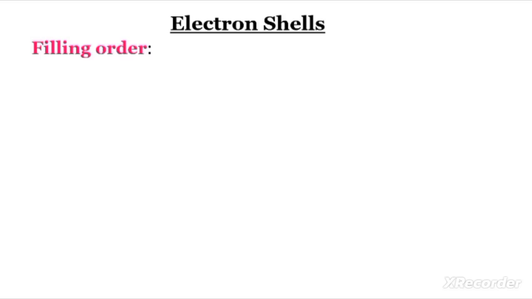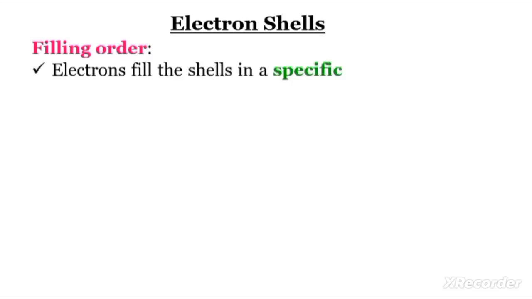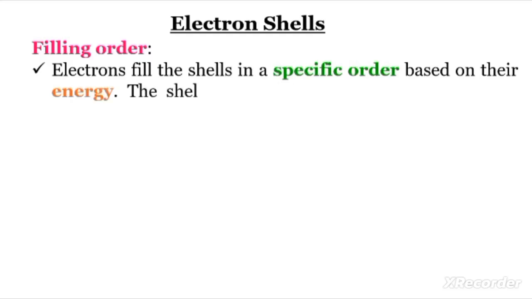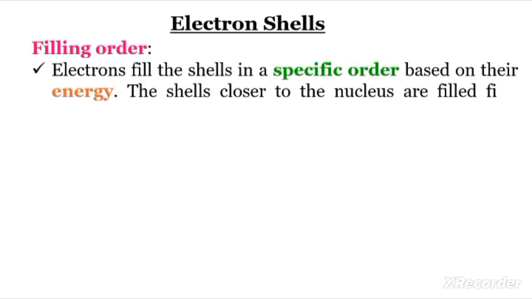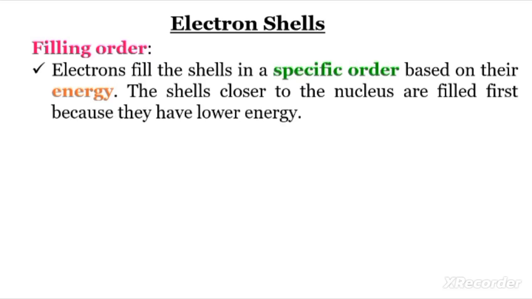So the next thing that we are going to look at is the filling order. What order do we need to follow when filling up the shells? Electrons fill the shells in a specific order based on their energy. The shells closer to the nucleus are filled first because they have lower energy.